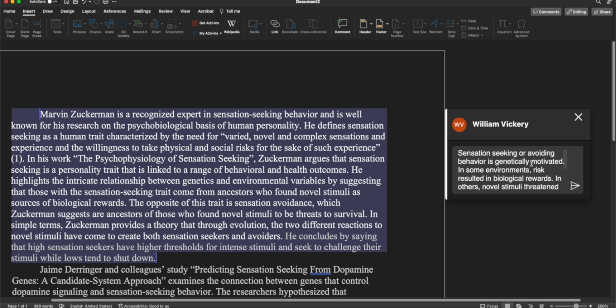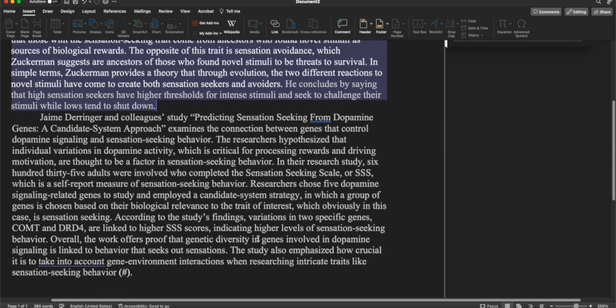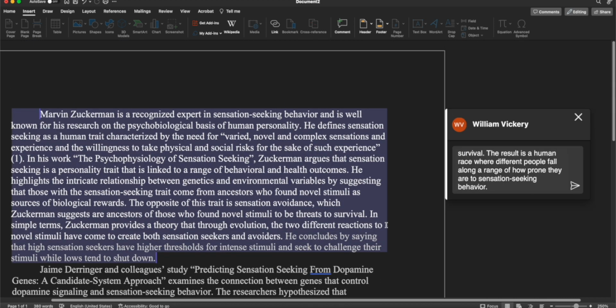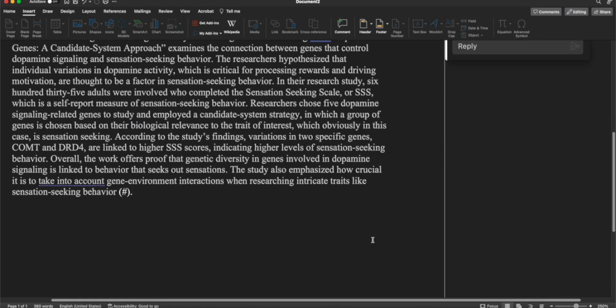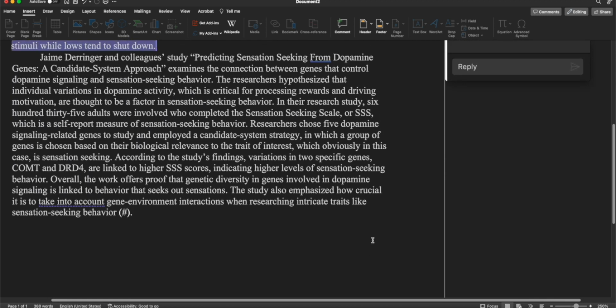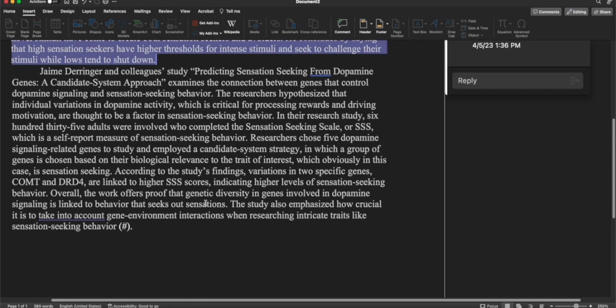Okay, we may have included too much information there. We can leave it for now, but that may be too much info. Oh, no, this works out really well.